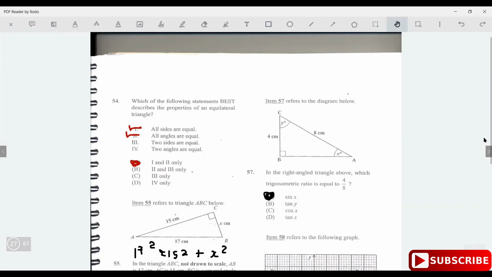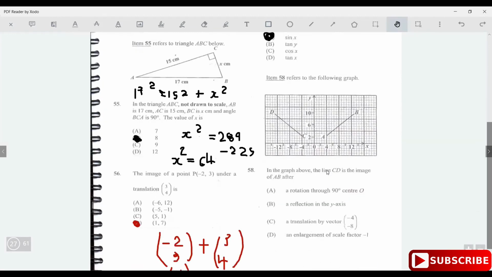Question 58. In the diagram above, the line CD is the image of AB. So AB right here, and then it's rotated 90 degrees. Let's see. It's a reflection in the y-axis. Definitely a reflection.